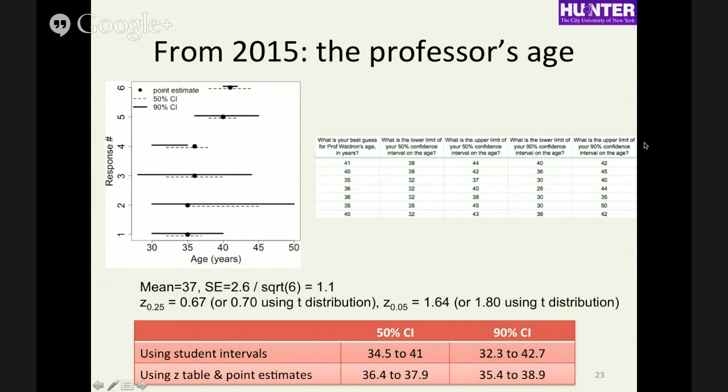Just taking the averages of these, there probably should be more difference between them. And when we do it using the point estimates, the range here is 1.5 and the range here is 3.5. So the 90% confidence interval is more than twice as big as the 50% confidence interval.